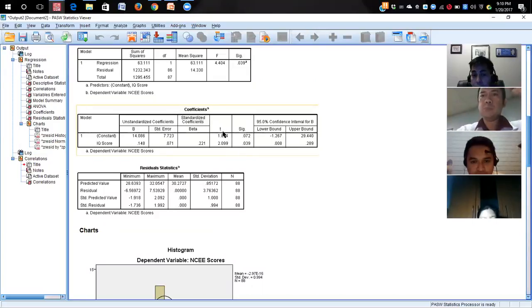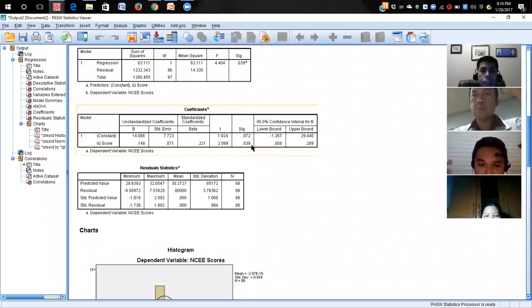The T statistic is 2.099, and it's statistically significant because it's 0.039, which is less than the 0.05 significance value. And so we can say that our IQ level is positively associated, has a positive correlation with our dependent variable, which is the NCEE score.